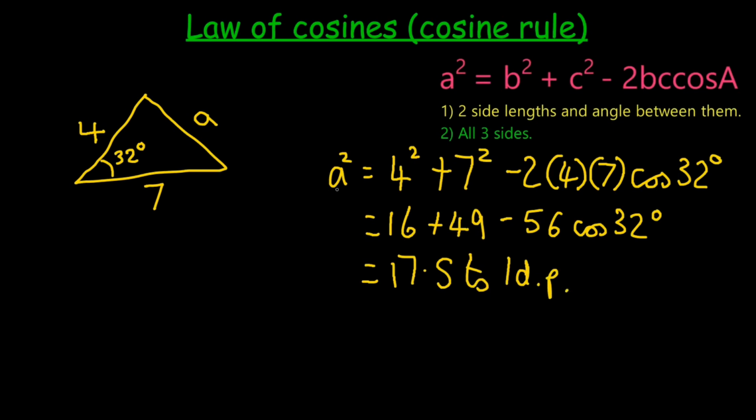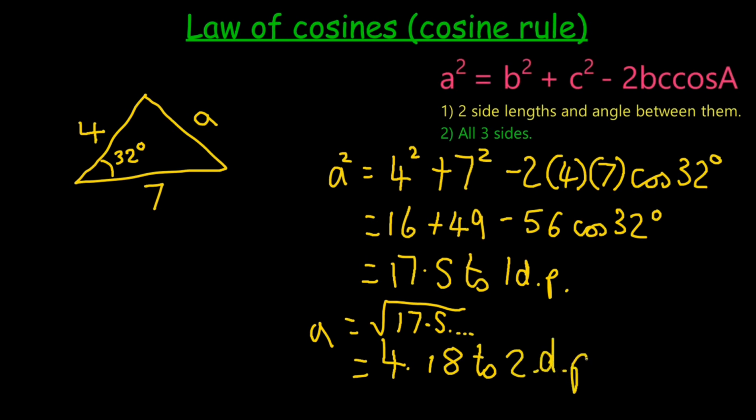But this is the square of side a, so a is equal to the square root of 17.5, which is equal to 4.18 to 2 decimal places.